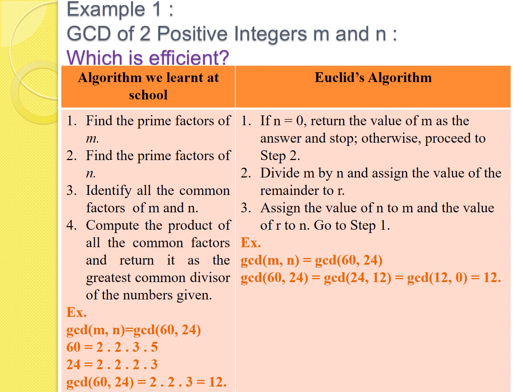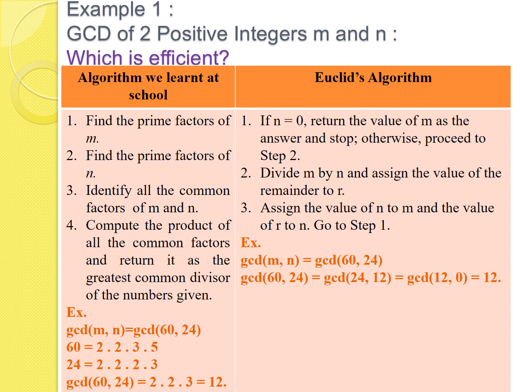Let us discuss another algorithm to compute the GCD, which is called Euclid's algorithm. Euclid's algorithm goes like this. Step 1: If n equals 0, return the value of m as the GCD and stop.